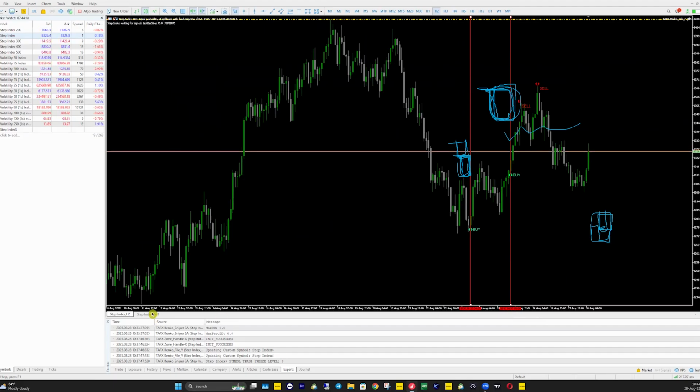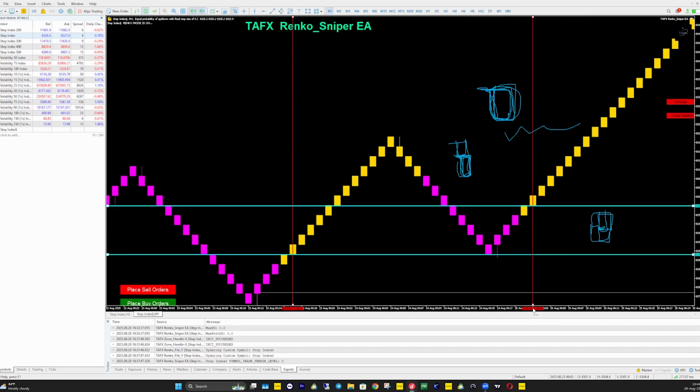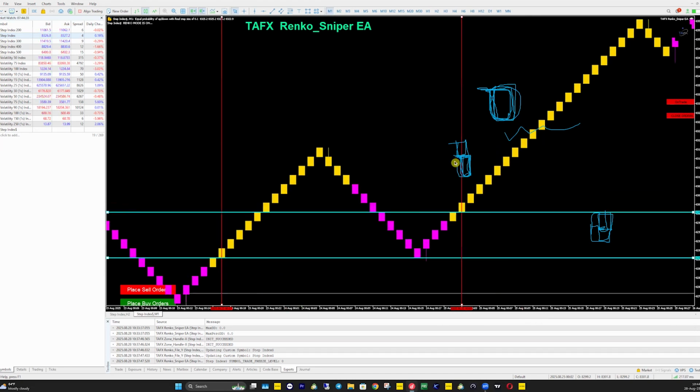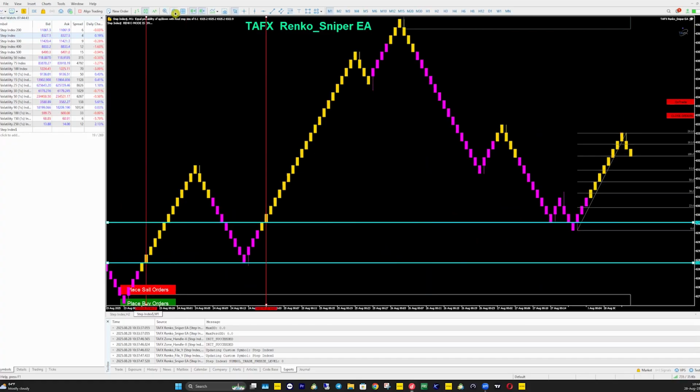The same signal is the one we are seeing here on date 25th of August. All right, and again we have another formation here. This is another exit.